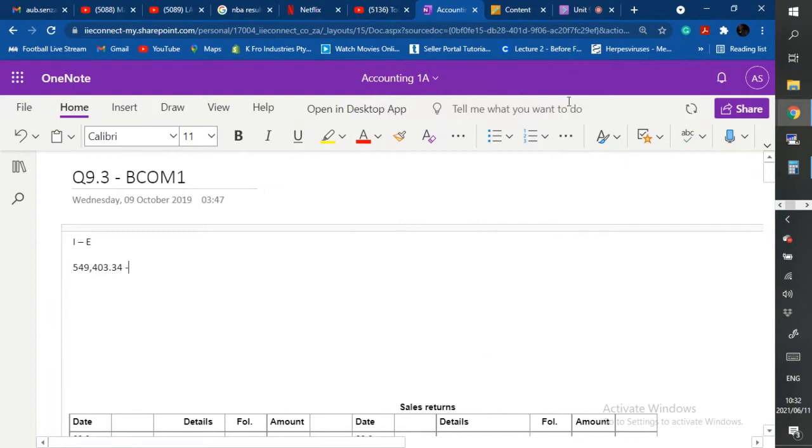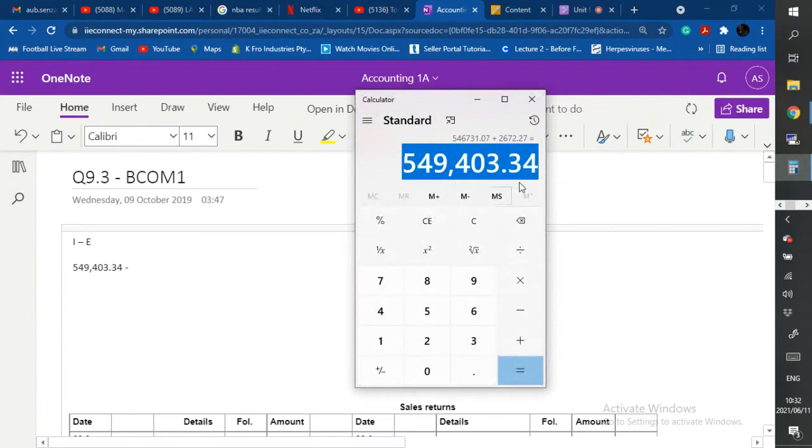And then what was our total expenses? Let's see. Clear this right quick.